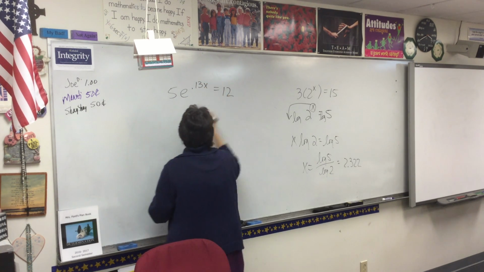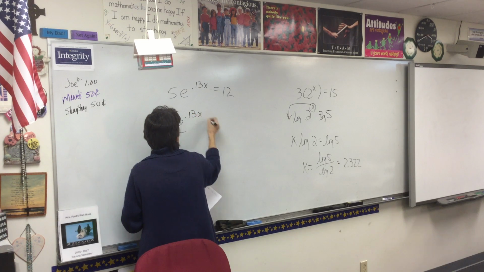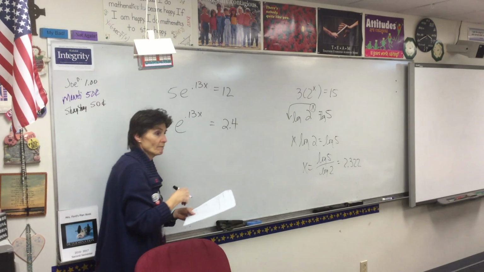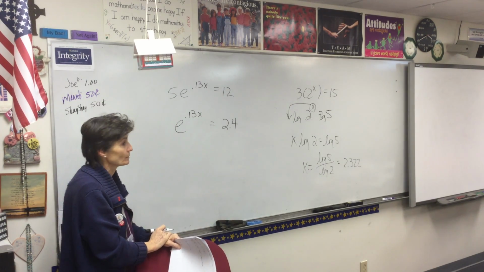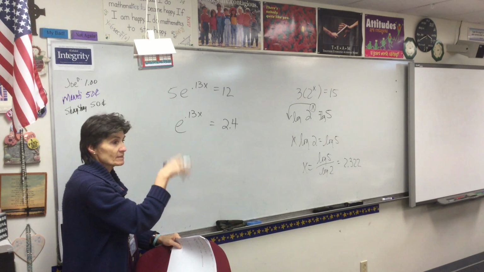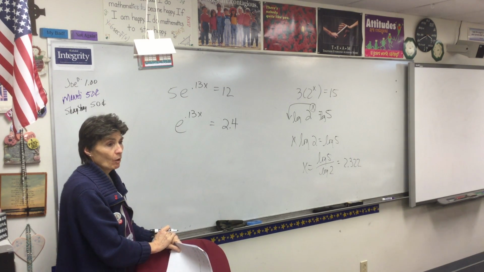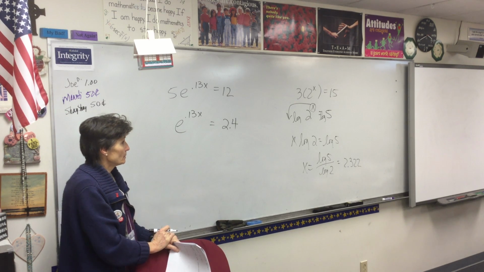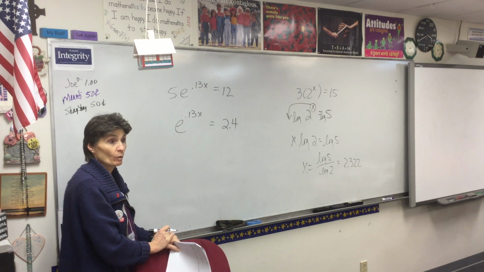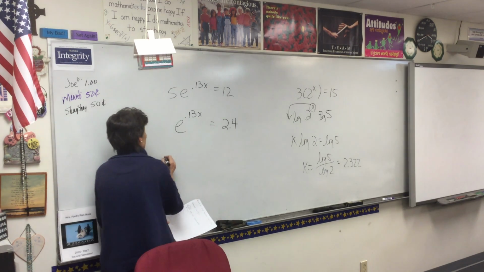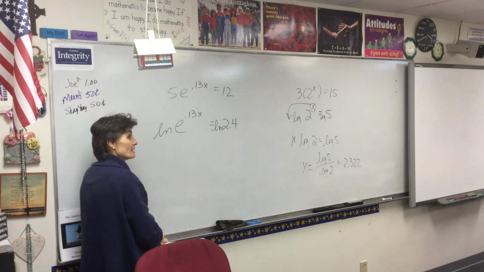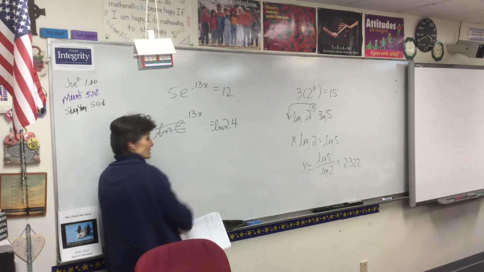Divide by 5. So e to the 0.13x equals 12/5, which, since you don't have to round it off, if you want to write that as 2.4, you certainly can. Either leave it as the fraction, 12/5, or write it as a decimal. Now what? We've got an e, so we're going to ln, and we're lning because this will disappear.